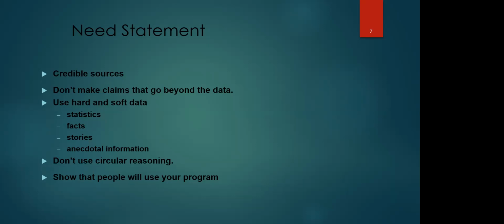So stats and facts. The other type of source, which is known as soft data, is what's known as qualitative data. That's personal information, like focus groups and interviews and things of that nature.